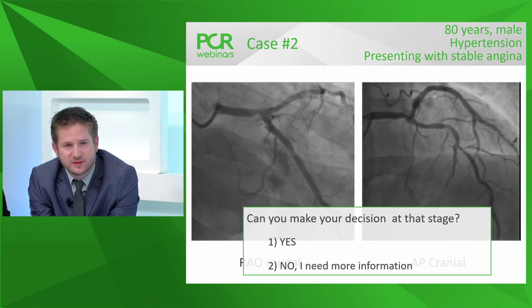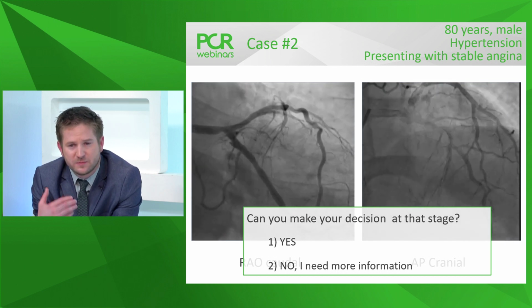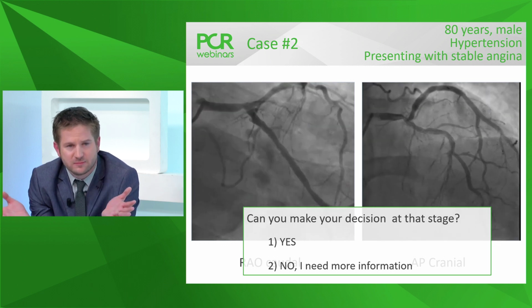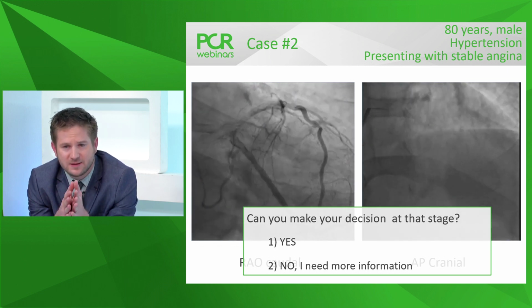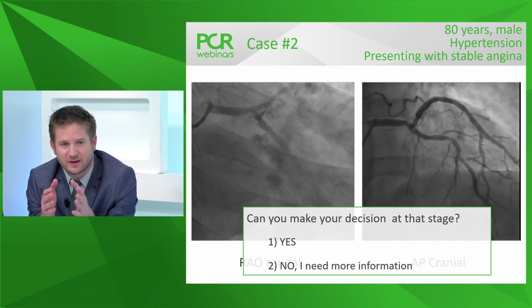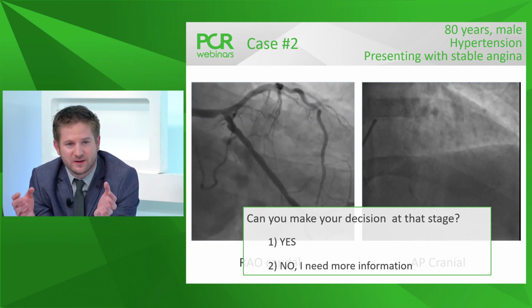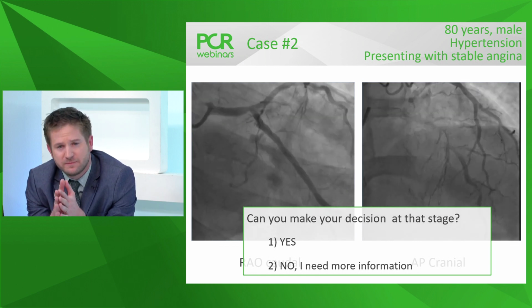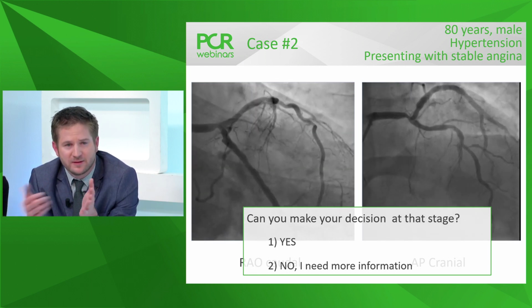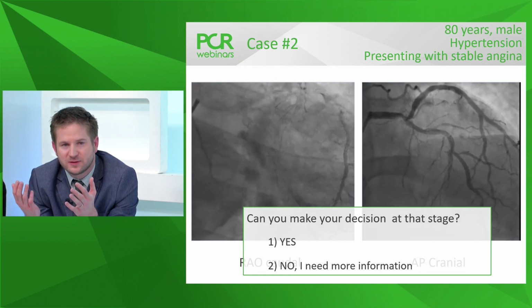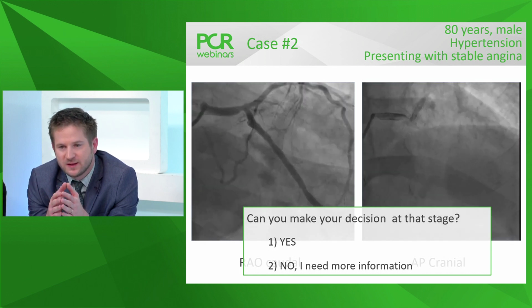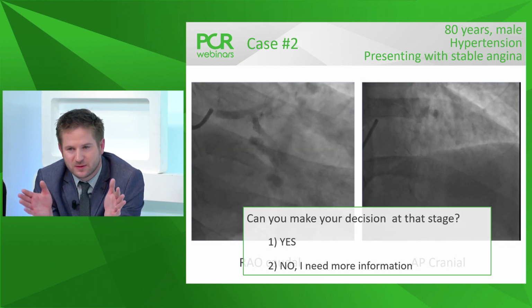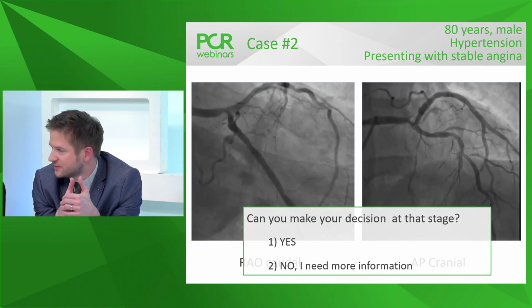In case the circ is negative, and the LAD is also negative, then for me it's clear: the LAD lesions and the left main are not ischemic, so there is nothing to do. If the circ is negative and the LAD is positive, then we need to understand, let's say, what is the role of the individual lesions to generate this summed ischemic potential.